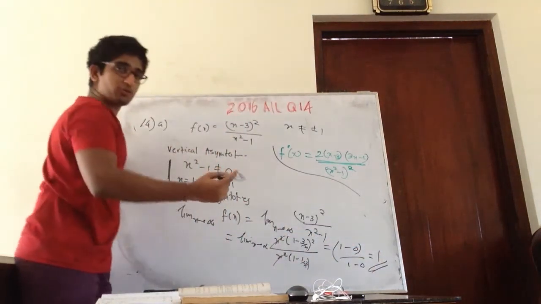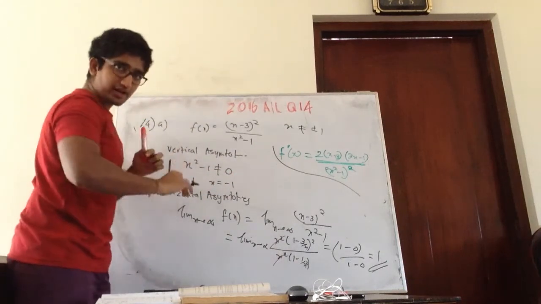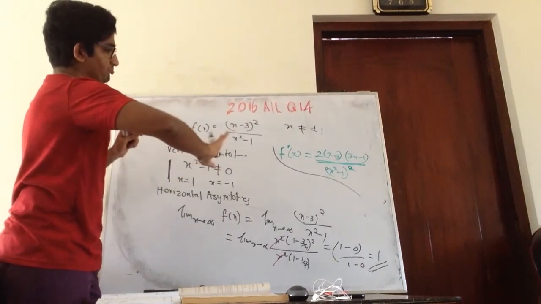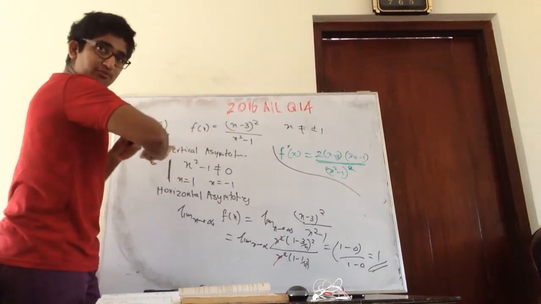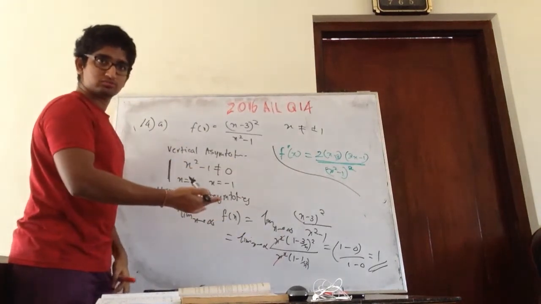So now, at the furthest end point, this graph will converge to 1, right?